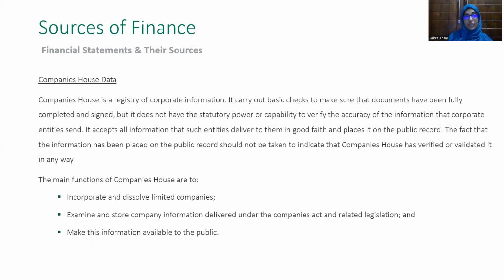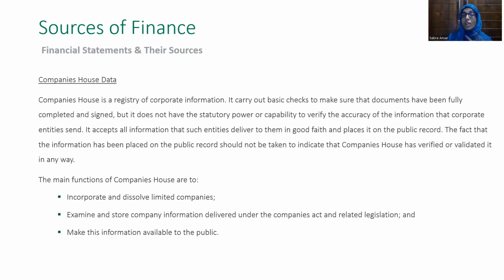Companies House data. A Companies House is a registry of corporate information. It would carry out basic checks to make sure that the documents have been fully completed and signed, but it doesn't actually have a statutory power or capability to verify the accuracy of the information that the corporate entity sends.